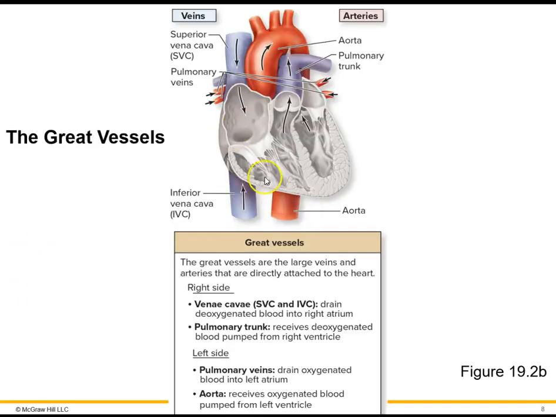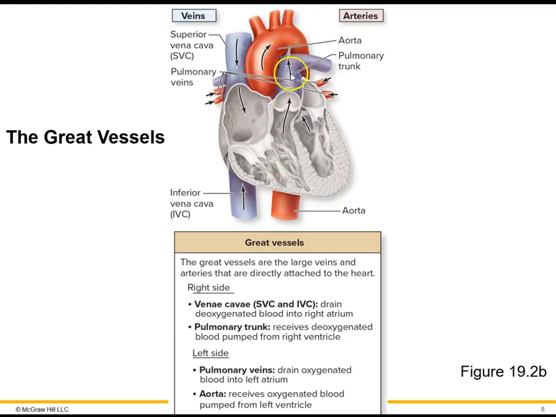All right, here it is drawn out for you. So here's the right atrium, and you can see these large veins coming together here to dump their blood into the right atrium. That's the superior vena cava and the inferior vena cava. Blood is going to go from the right atrium into the right ventricle and out from the right ventricle through the pulmonary trunk.